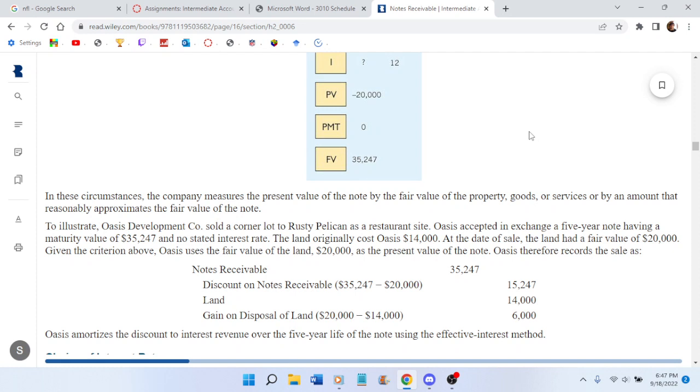The company measures present value. Okay.